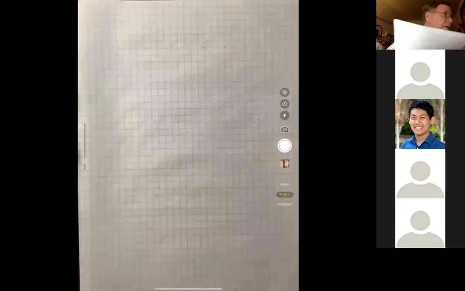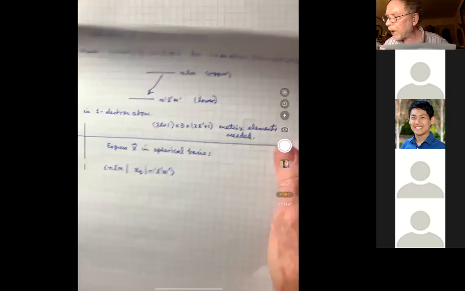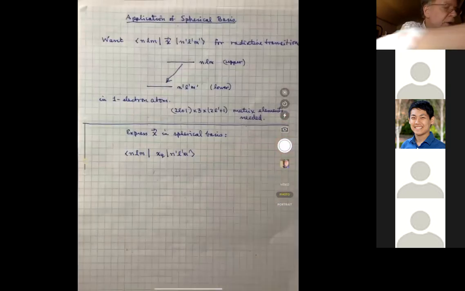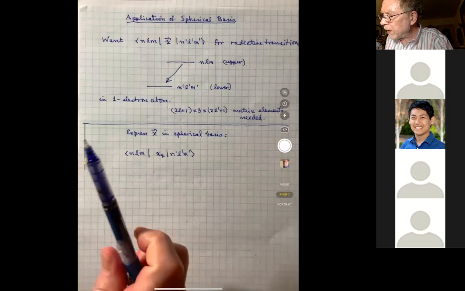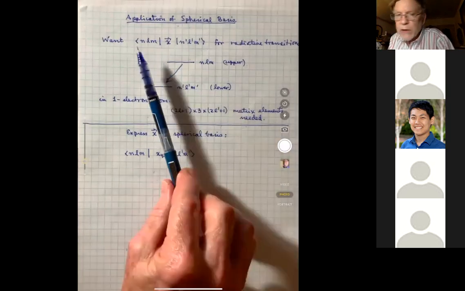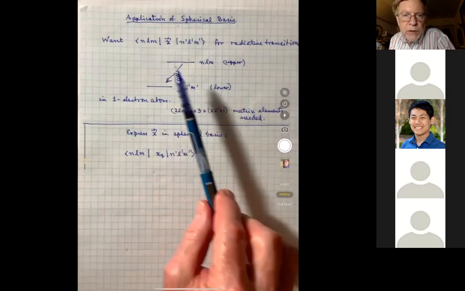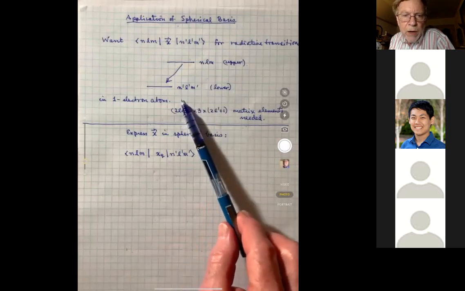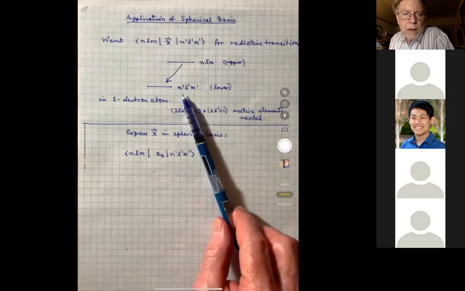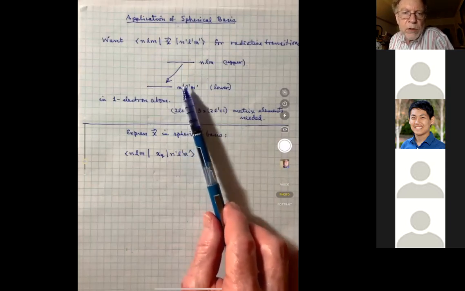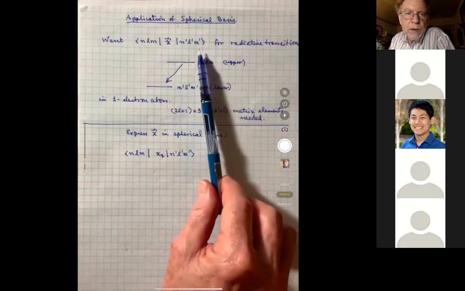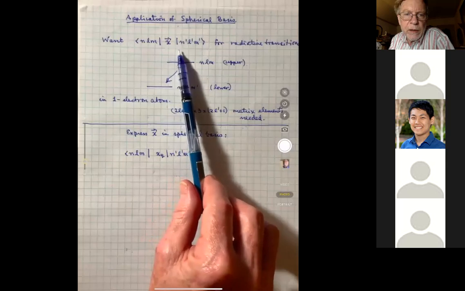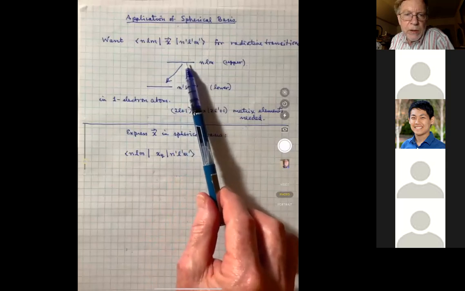And then what we do, and I started to tell you about this last time, is we apply this to an application of the spherical basis to evaluating the matrix elements that are needed for radiated transitions between 2 states of a single electron atom, upper state n l m and lower state n prime l prime m prime in a central force model. So these are the matrix elements that are needed for studying the radiated transitions between the upper and lower states.